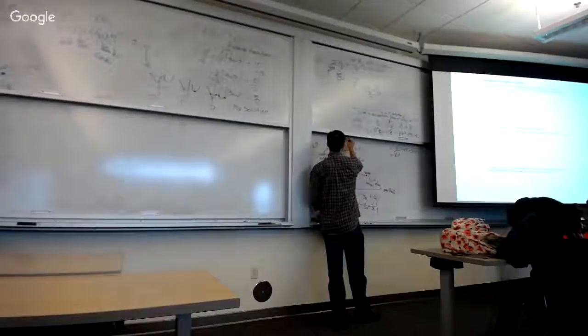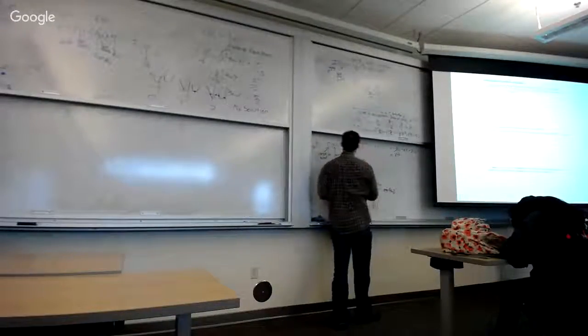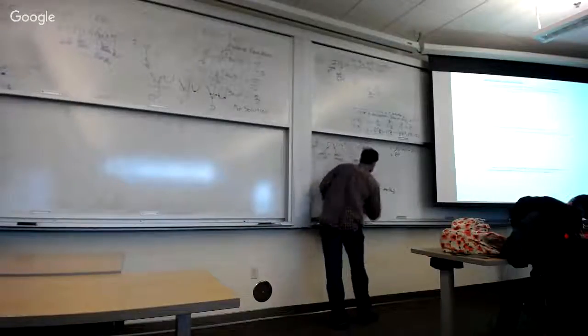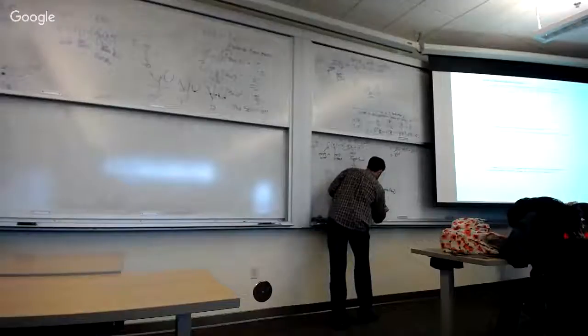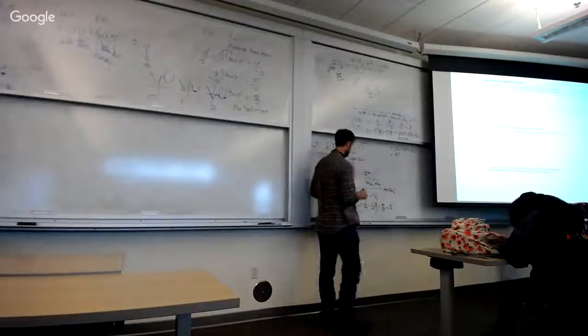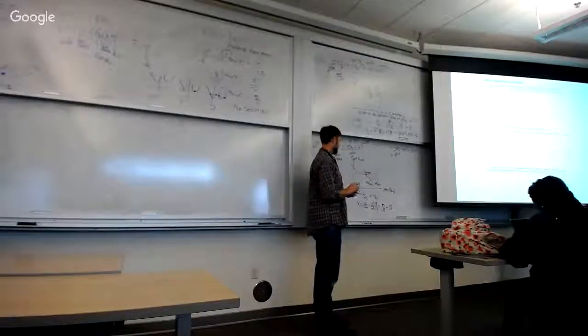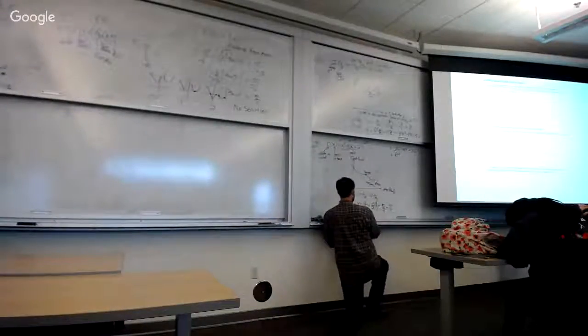A is 1, B is negative 10, C is 27. So now you have your numbers to plug in. B is negative 10, A is 1, and that gives us negative negative 10, which is 10, all over 2, which is 5. Is that what we got? Yeah.